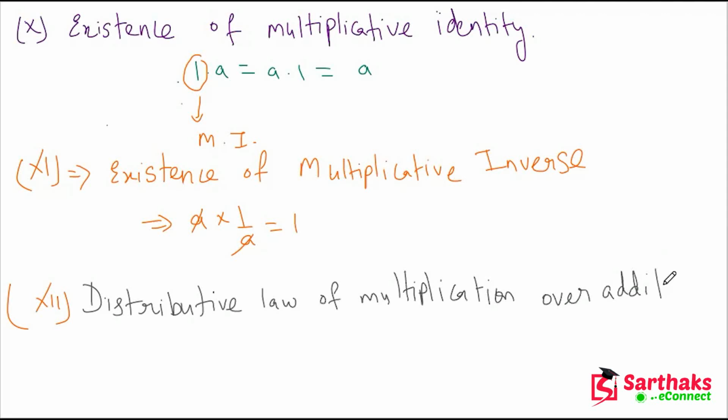Okay, now in this case, if we have three numbers A, B, C, so the distributive law means we distribute the numbers, like if we multiply A into B plus C, in this case we can do A multiply B plus A multiply C. So this is the distributive law.